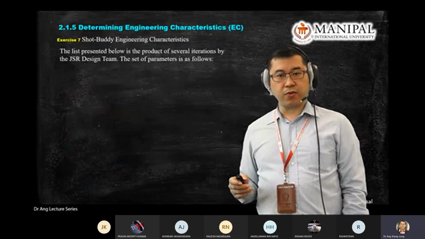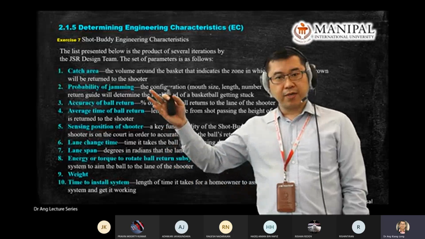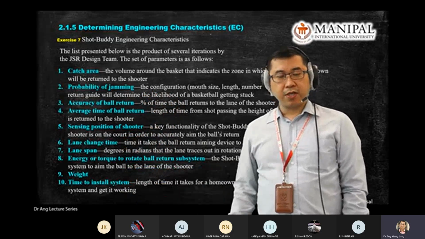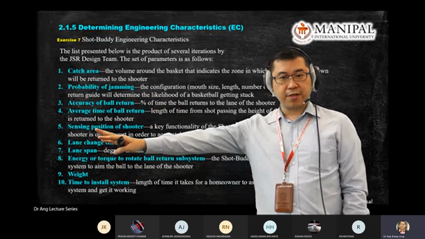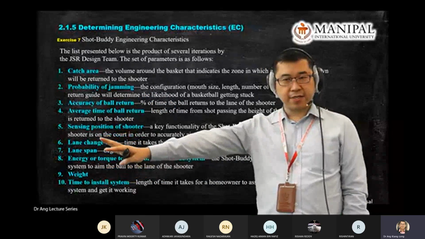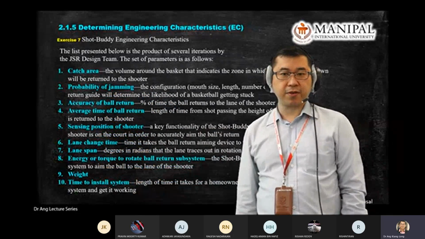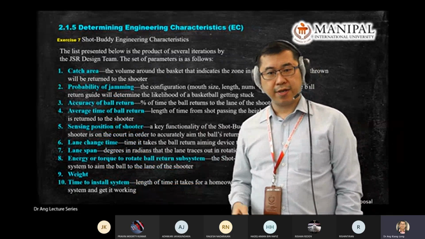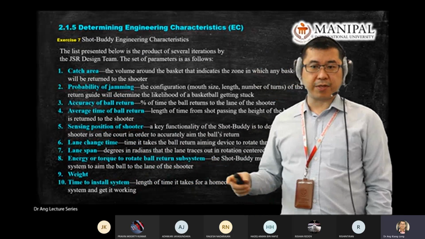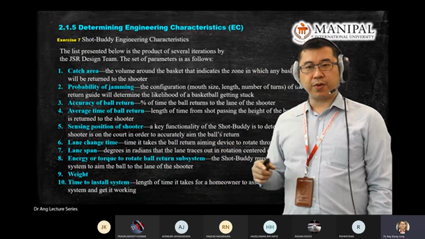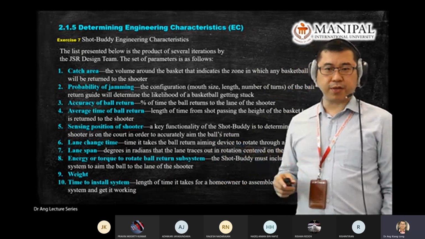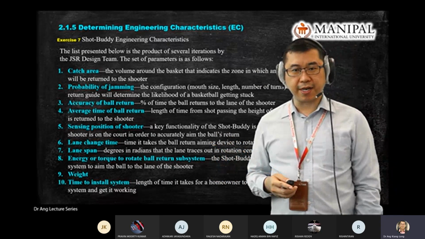One thing you can do here is discuss among your team. You can fix the range of the size of the go-kart chassis that you want. What's the length between the front wheel and the back wheel? You can decide the length.